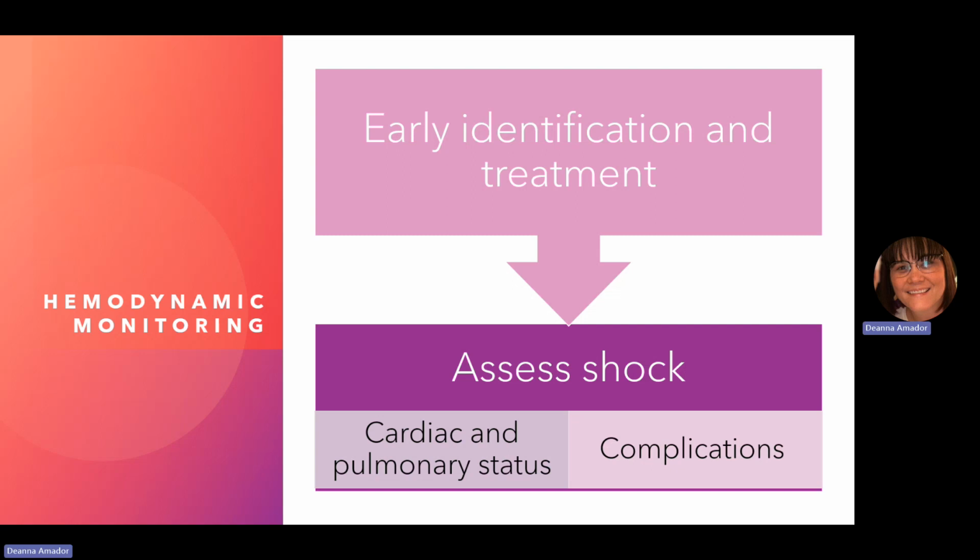Okay, so hemodynamic monitoring is utilized basically to evaluate the patient's immediate response to treatments, including inotropic medications and mechanical support. So here it shows how we could have early identification and treatment for, like, let's say shock, and to look at their cardiac and lung status.